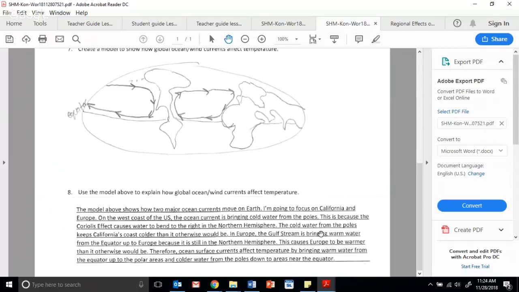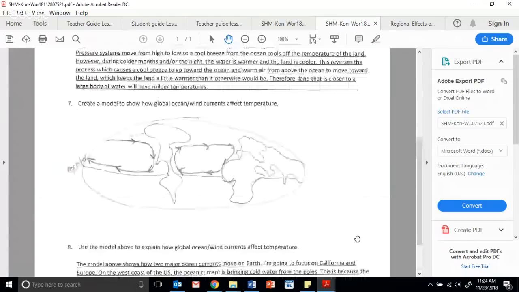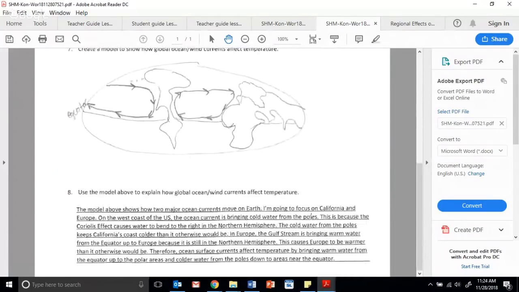So when you're explaining your model, you would have to talk about how the Hadley cells bring warm air from the equator up to the Tropic of Capricorn, the Tropic of Cancer, and you would have to talk about how the polar cell brings cooler air down to the tropics, and so on and so forth. But the how would be very similar. It would just, instead of saying ocean surface currents, you would say the global convection currents. Okay, and then instead of saying water, you would say air.